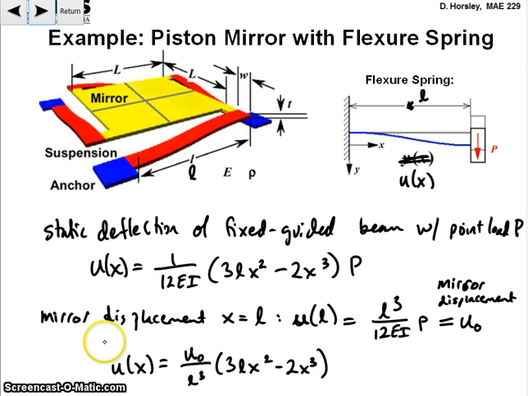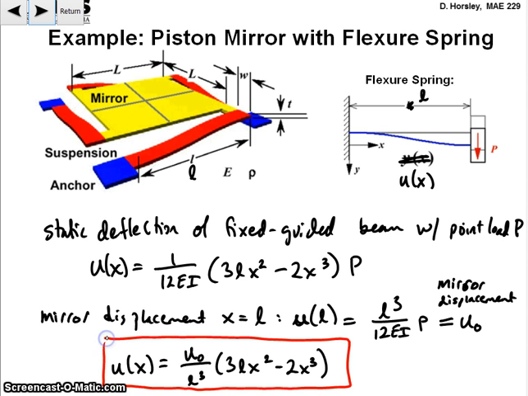Okay. So why did I go through that stuff here? Well, the idea is I tried to figure out some displacement function that describes the displacement of this flexure. So I looked up the deflection for a fixed guided beam, and this is the equation that I got. But now I don't want to solve for something with the displacement with a point load.